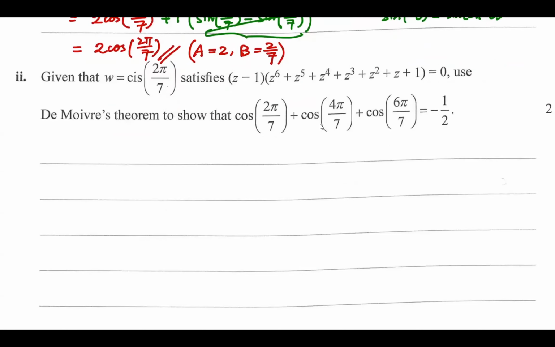Okay, so lastly, given that W satisfies Z minus 1 times the degree 6 factor equals 0, but W is definitely not equal to 1, because it's not the only real root. So use the given fact.